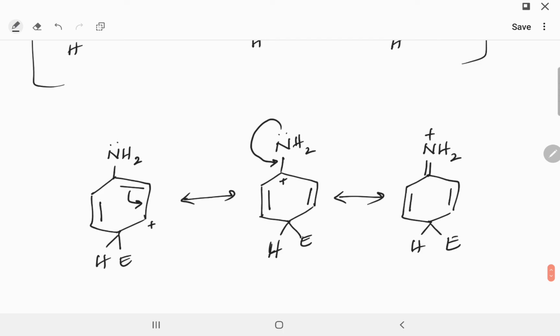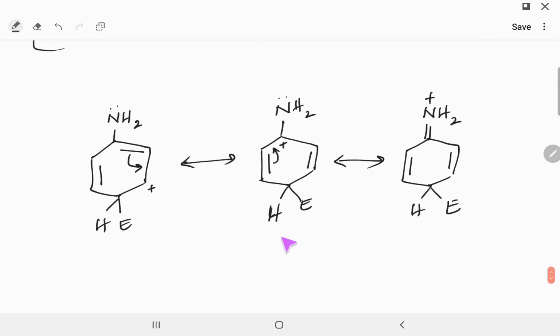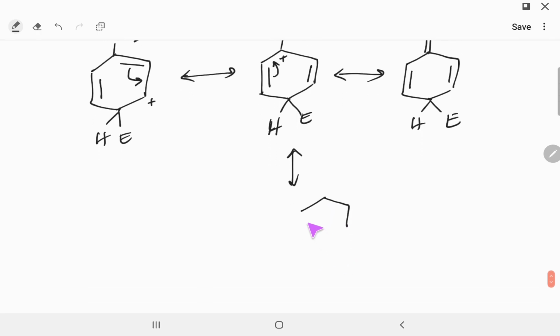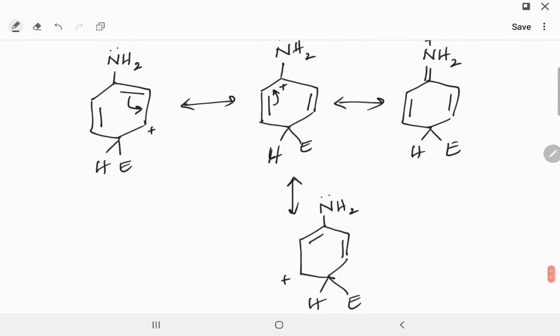And you could also draw another resonance structure. Let's say if you use this double bond, you will get something like this. All right, so these are the 4 resonance structures that are possible.